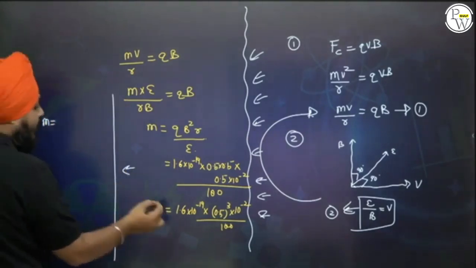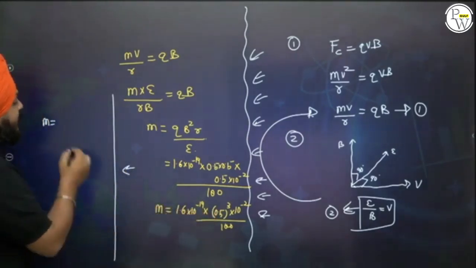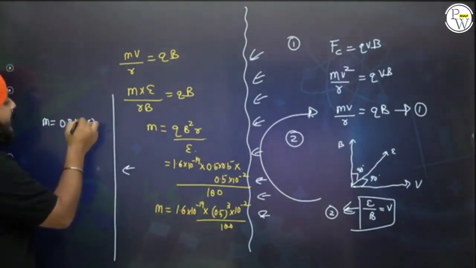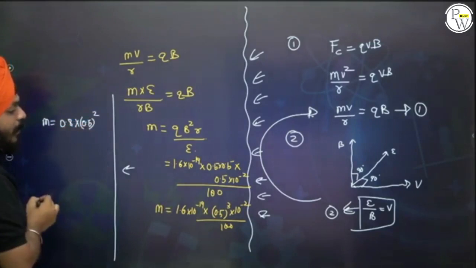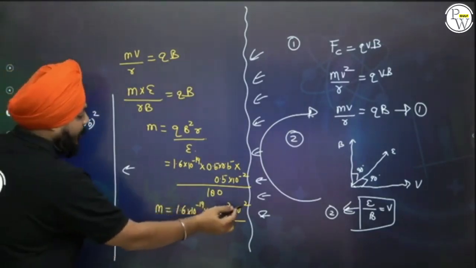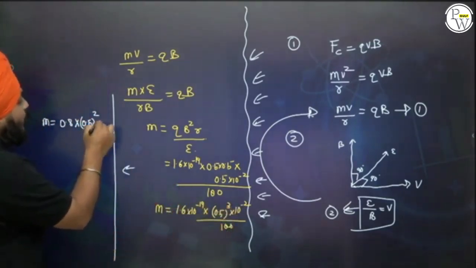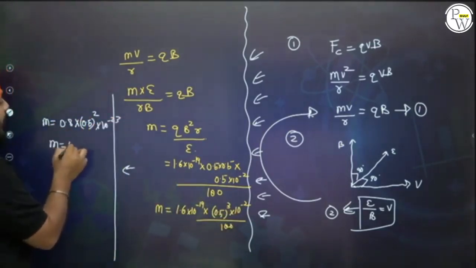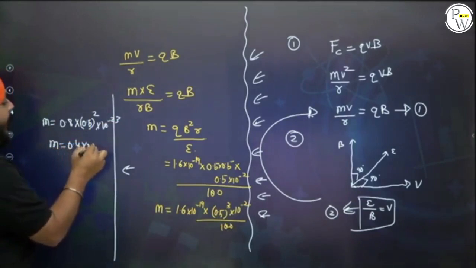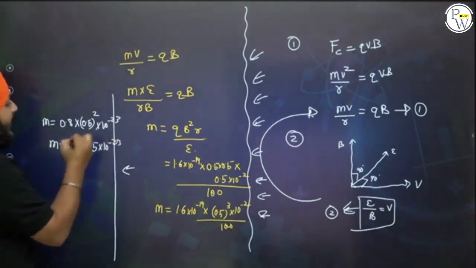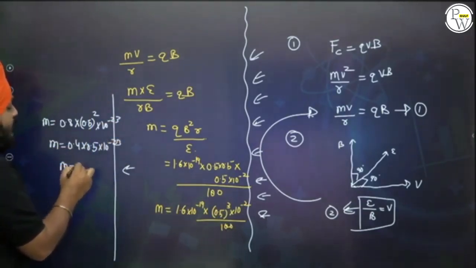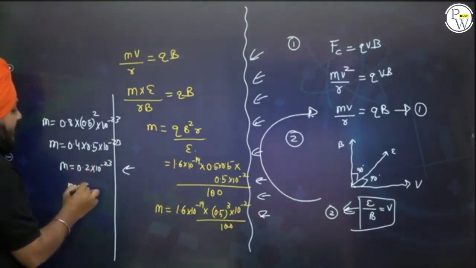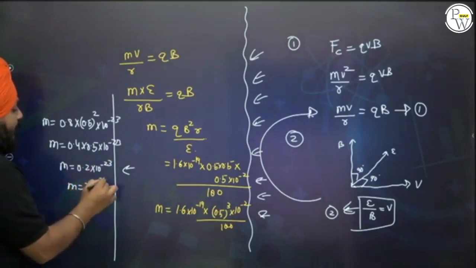Half of 1.6 is 0.8, so 0.8 into 0.5 square. This is 10 to the minus 21, and so it is 10 to the minus 23. Again, 0.4 into 0.5 into 10 to the power minus 23, so this is 0.2 into 10 to the power minus 23. M is equal to 2 into 10 to the power minus 24 kg.